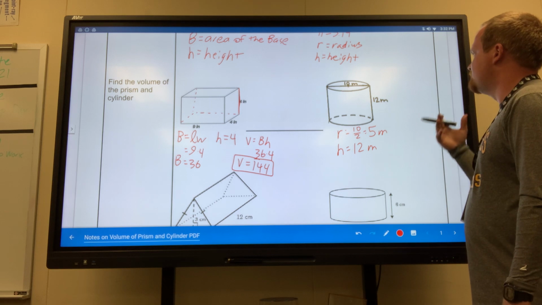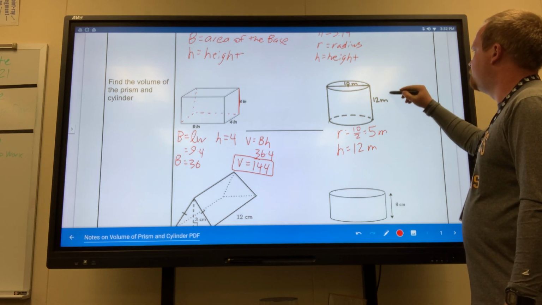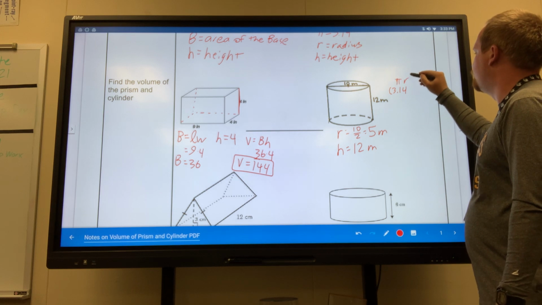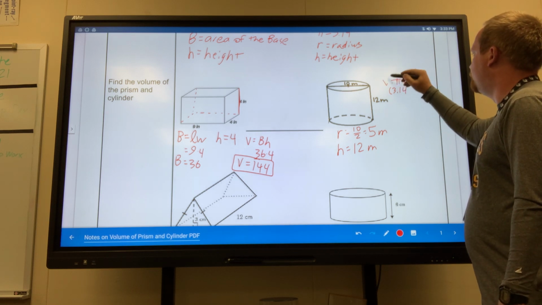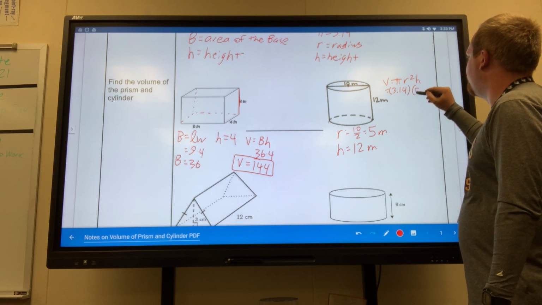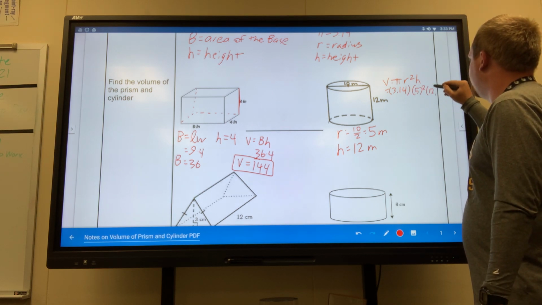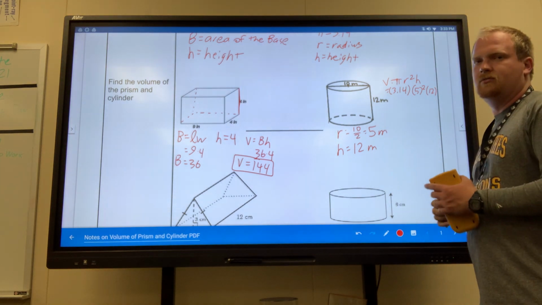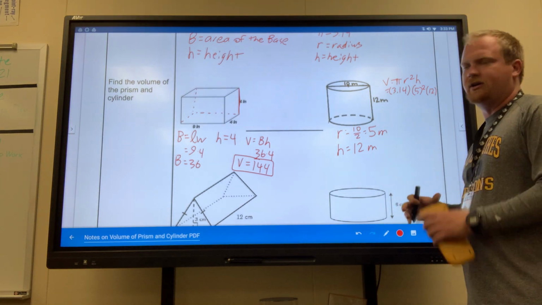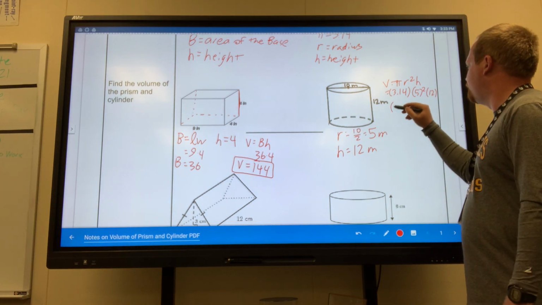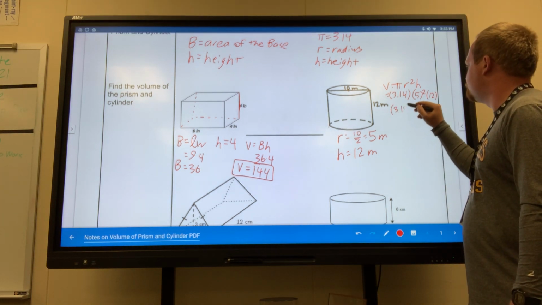So then if I just multiply 3.14, which is pi, r squared times h for volume, I'm doing 3.14 times 5 squared times 12. Now, I can multiply this all out, just like with PEMDAS. I'll just have to square the 5, which gives me 25.